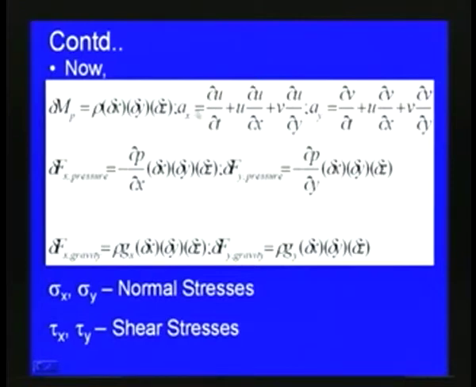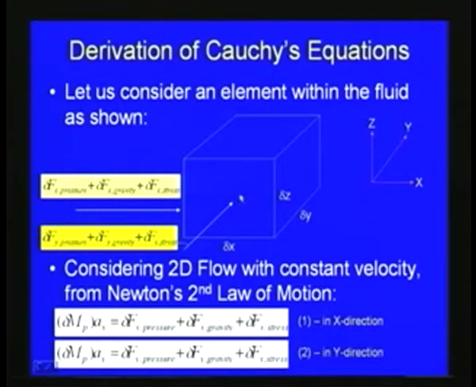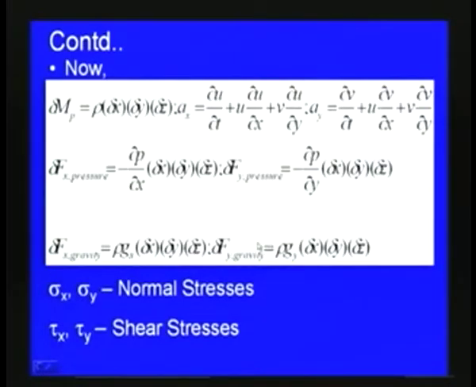In the two dimensional problem, ax is equal to del u by del t plus u into del u by del x plus v into del u by del y, and ay is equal to del v by del t plus u into del v by del x plus v into del v by del y. Then we can write the pressure force.